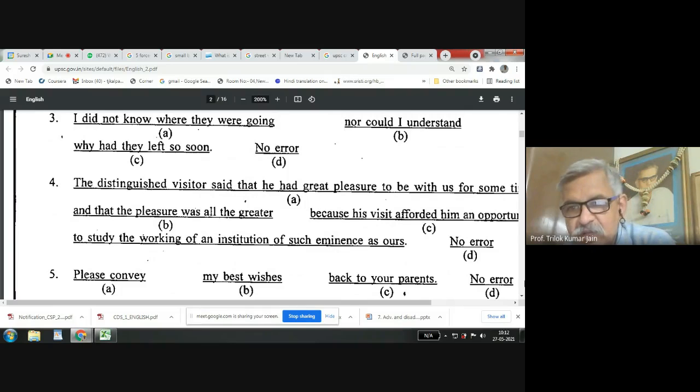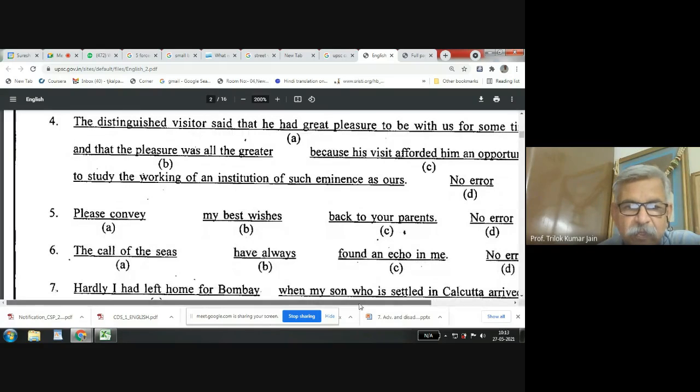Nor could I understand why had they left so soon. Why had they left so soon? There is no error. Nor could I understand. Again, there is no error. And the error is in A section. I did not know where they were going. Instead of they were going, the correct sentence is where were they going? It's a question. No?